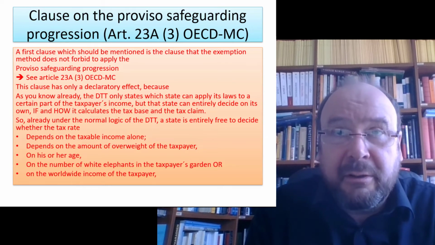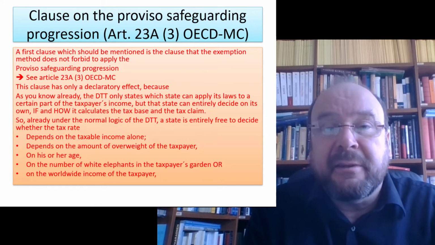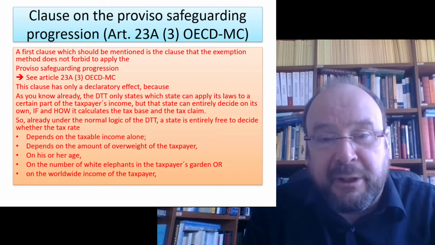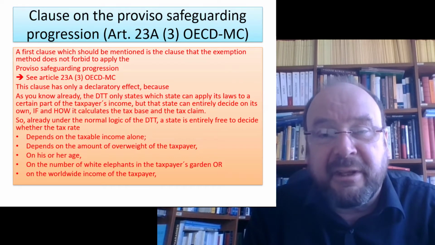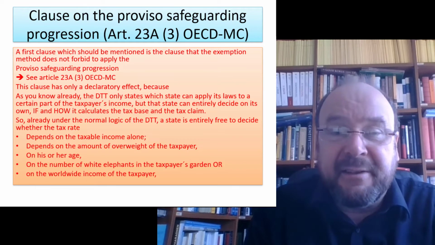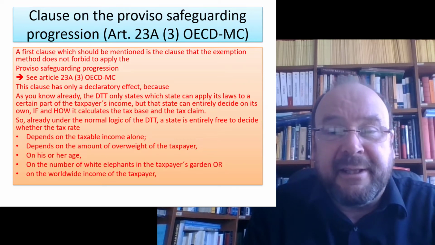That was a wrong judgment, a wrong court decision. Everyone knows it, but in order to exclude any repetition of that mistake, since then all states add to their DTTs that clarification.